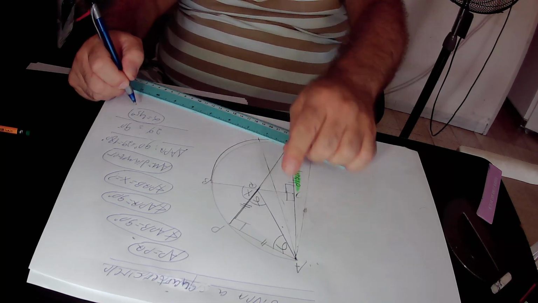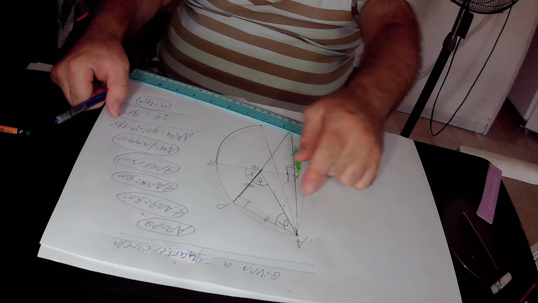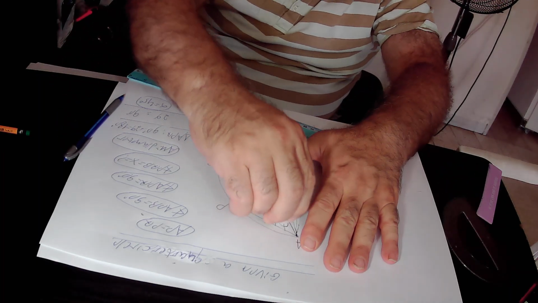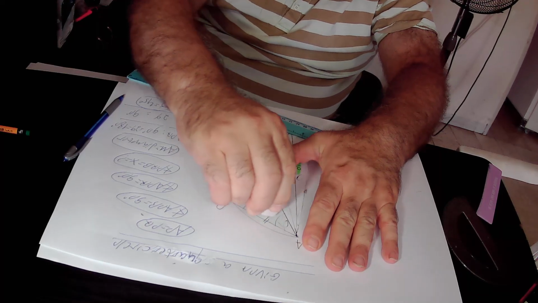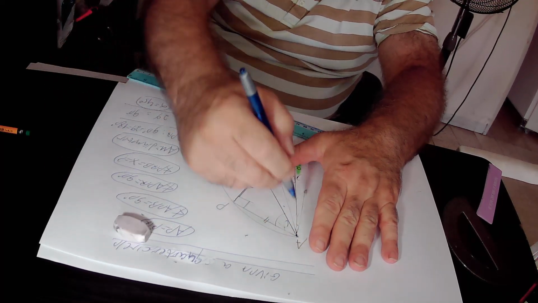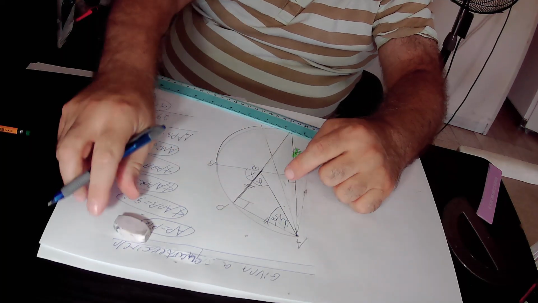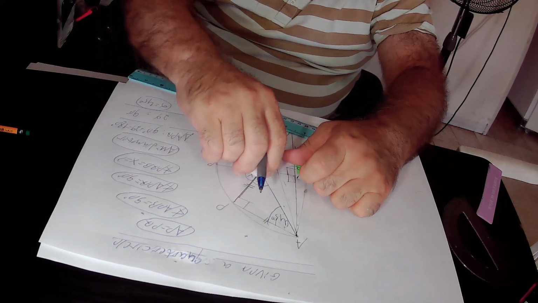So this is angle alpha, that is equal to 45 degrees in its size. This is also angle alpha, equal to 45 degrees in its size.